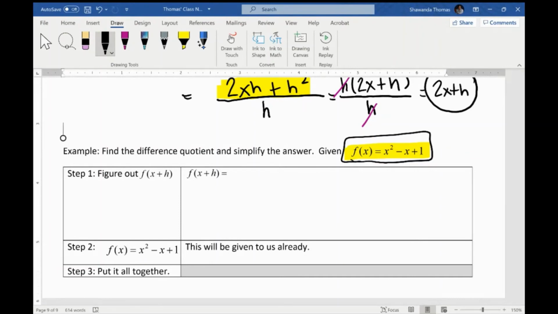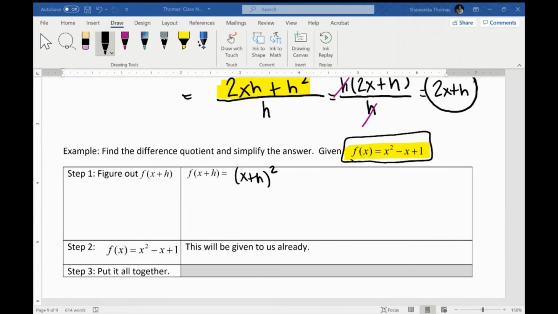Can someone tell me what to write out first? Right here on the right side. What is f of x plus h, given that f of x equals x squared minus x plus 1? X plus h squared. Somebody said that correctly. What comes next? Minus x plus h.